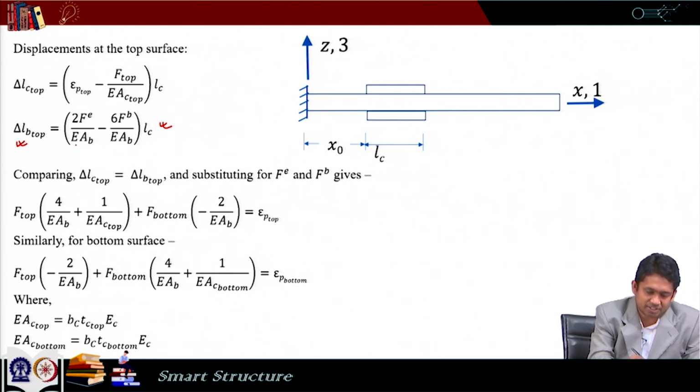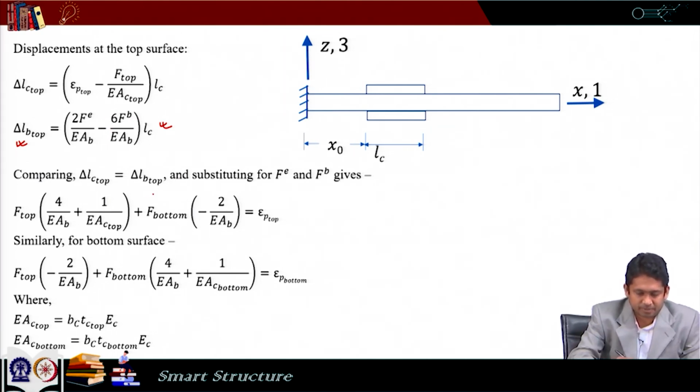So, this is extension due to the axial force Fe, and this is contraction due to the bending actuation Fb, because we know that M divided by I multiplied by minus z is our stress here due to bending moment, and if I divide that by Eb, that gives me the strain here.